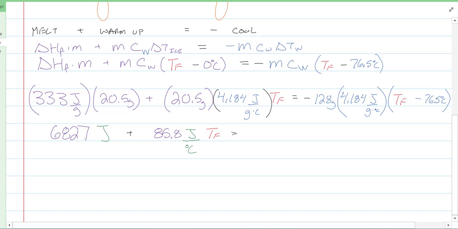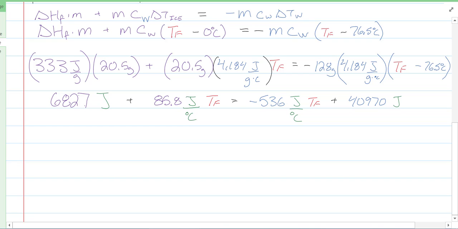On the right side, I have to do negative 128 times 4.184, which is 536, and then times TF and times negative 76.5. So I get negative 536 joules per degree Celsius times TF. Very important, there's a negative and a negative, plus 40,970 joules.